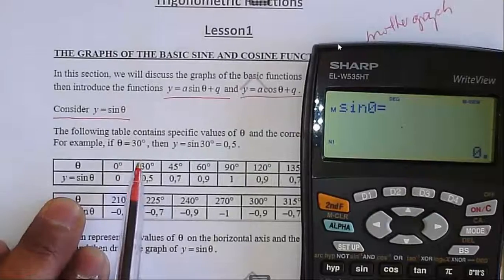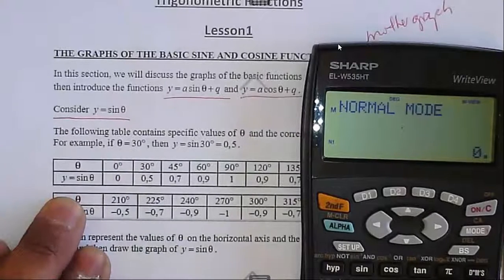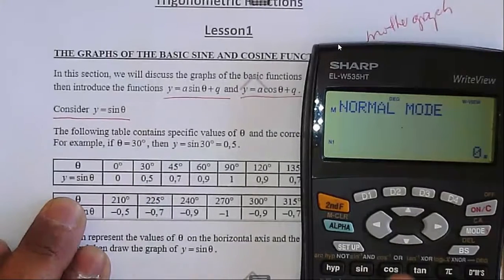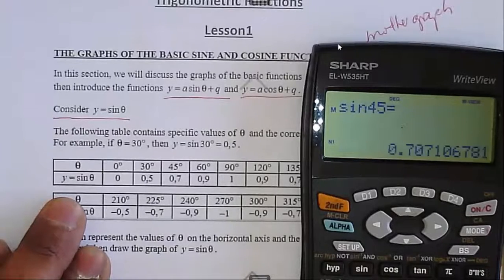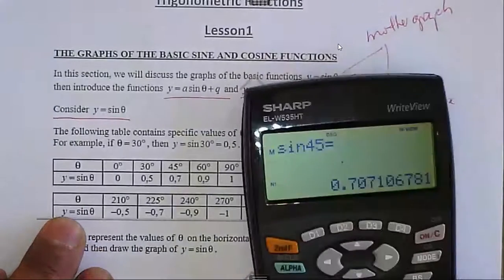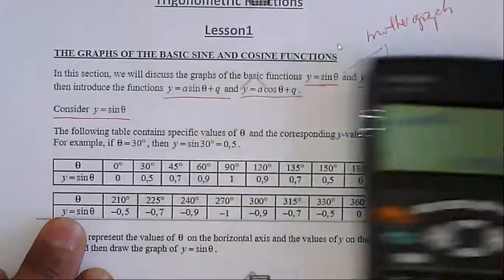Clear, guys? The sine of 30 gives you a half, which is 0,5. The sine of 45 gives you square root 2 over 2, which is 0,7, etc. So get used to using the calculator as well.